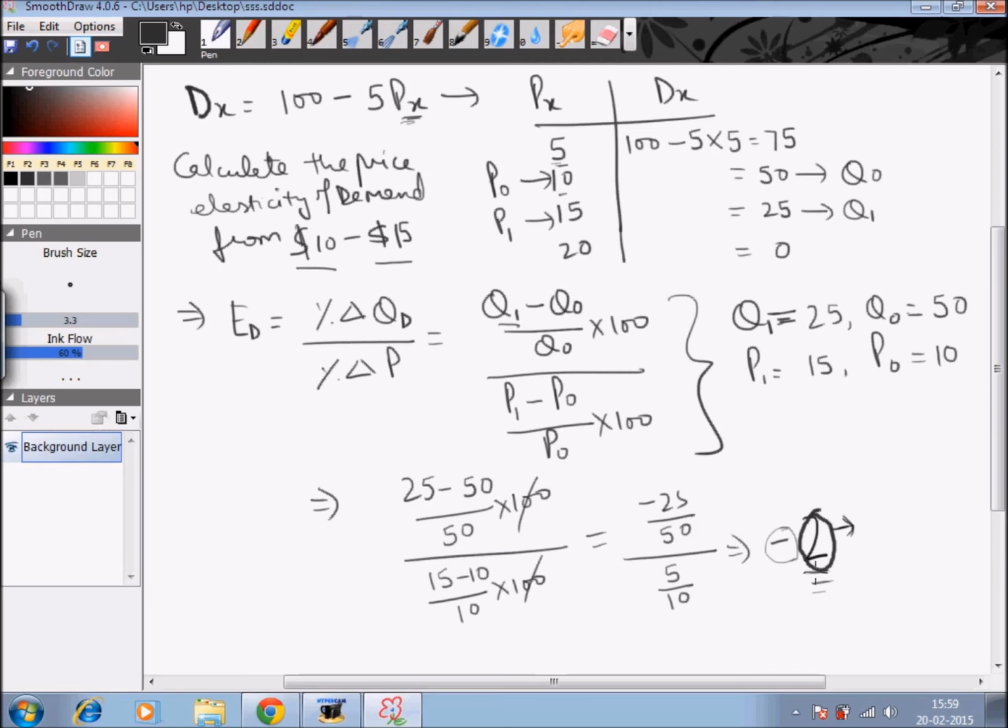Means if we decrease the price by 1% of commodity X, will the increase in the demand of commodity X be 2%? The answer is no. Let us check this out.